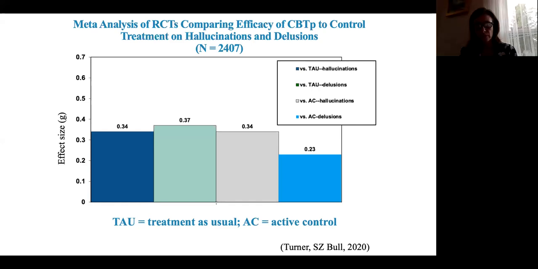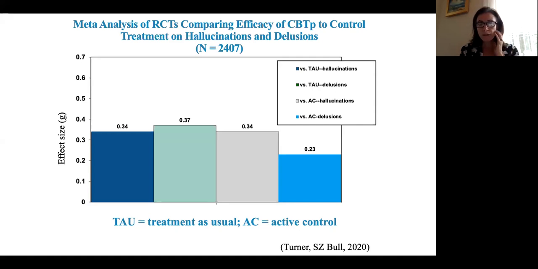If you look at this slide, which is comparing CBT to either treatment as usual or active controls, you see that for hallucinations, that's the first blue bar here, and the gray bar, the effect size is about the same. It's about 0.34. And for delusions, which is the green and the swimming pool blue, the effect sizes are 0.23 or 0.37.